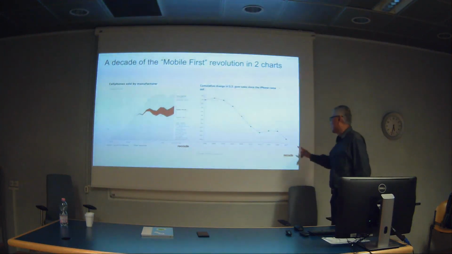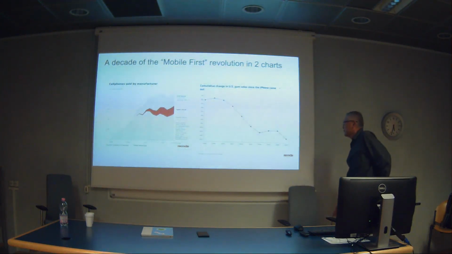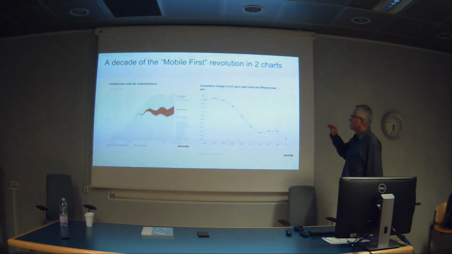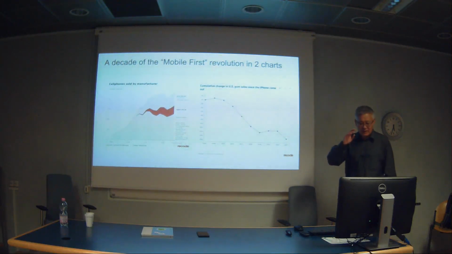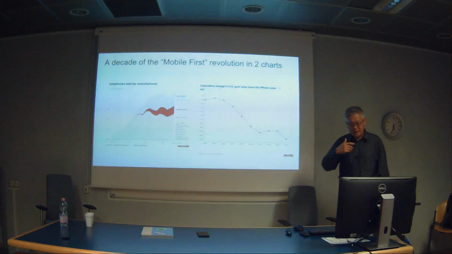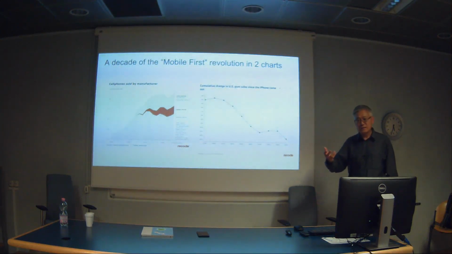But a very interesting chart, which was recently published, was the sales of gum, which declined dramatically, because people actually pay attention to their phones at the grocery store or supermarket checkout.